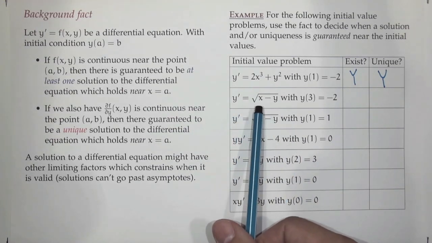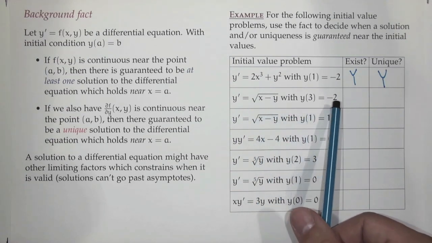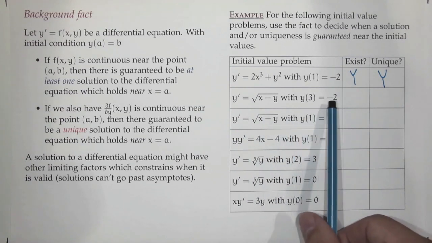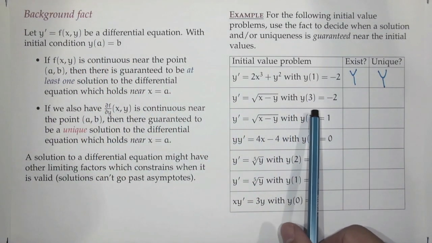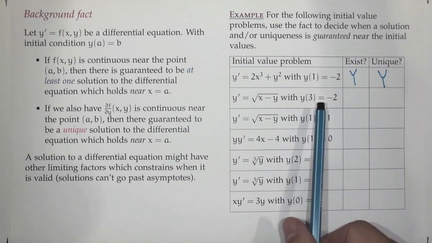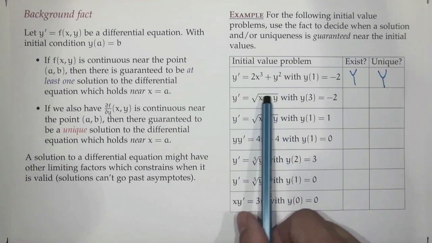How about this one? y prime equals the square root of x minus y, y of 3 equals minus 2. Is that nice? Well, it doesn't have to be nice everywhere. It has to be nice near our point. So what's our point? x equals 3, y equals minus 2. So think of this as 3 minus minus 2. That's basically the inside is around 5.